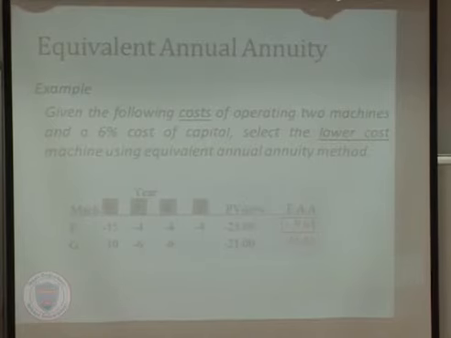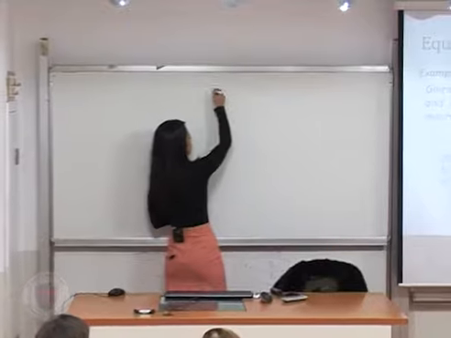But we cannot be sure about it because machine G can be used only for 2 years. Machine F, on the other hand, can be used for 3 years. So in that case, what am I going to do? I will calculate the equivalent annual annuity, which is basically the payment in my annuity formula. That's it. So remember my annuity formula.